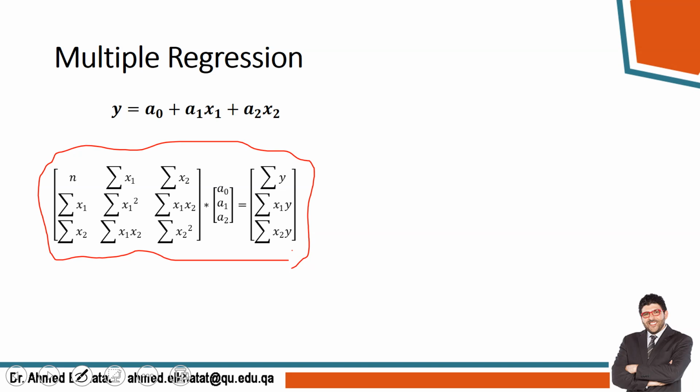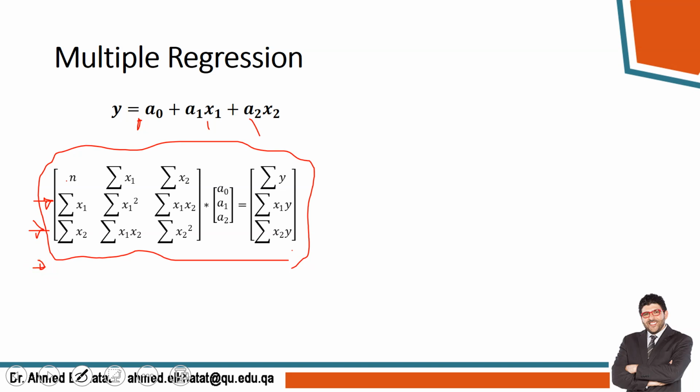So here we have the 0, and then x1 and x2. If we have more, we put x3 here. Now here we assign each row for each factor. That means the second row is for x1 and the third row for x2. If we have more rows, they will be assigned for x3 and x4.